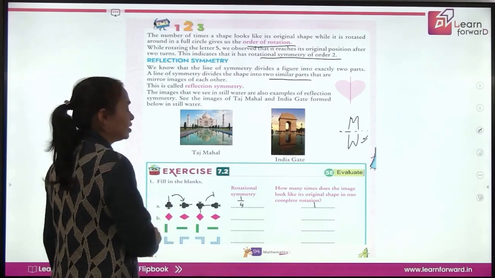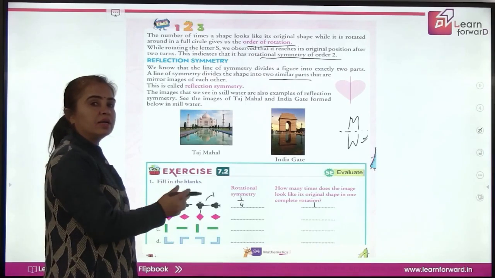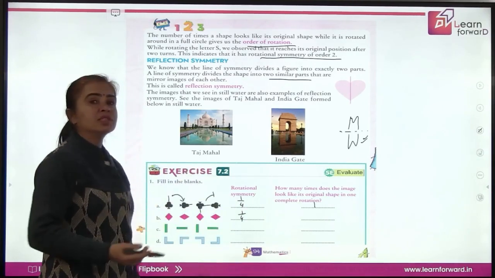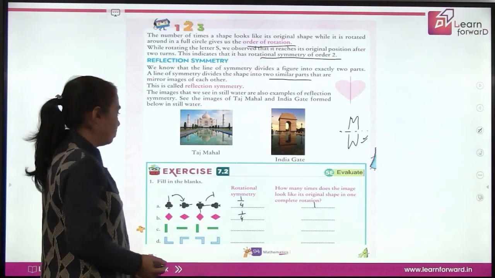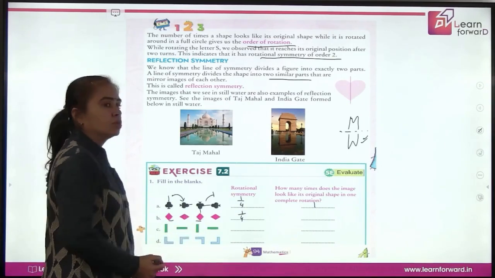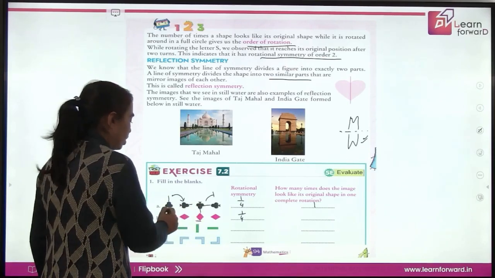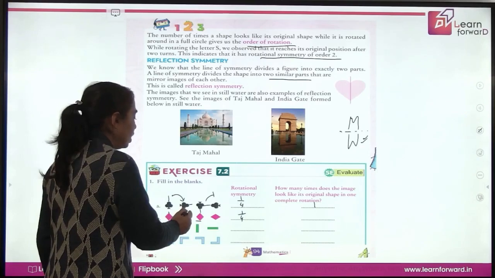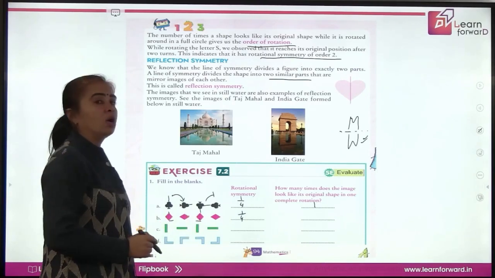Now look at this shape. Again, what turn is it taking? 1/4. And how many times is it looking like its original shape? Here and then here also, right? Although it has not reached the same point. See, if I take the top here, the top goes here and here the top is at the bottom.